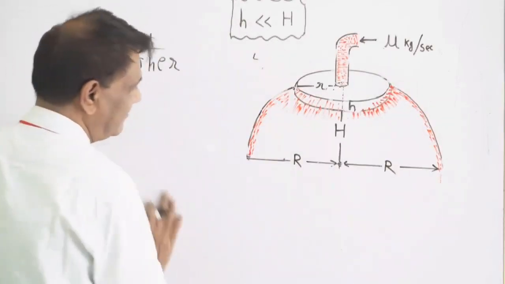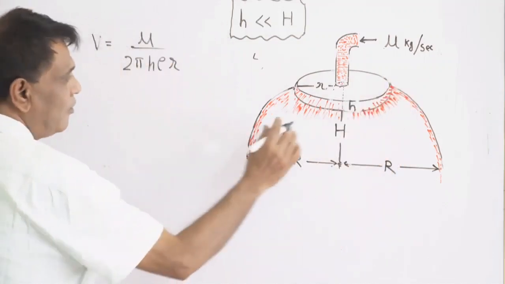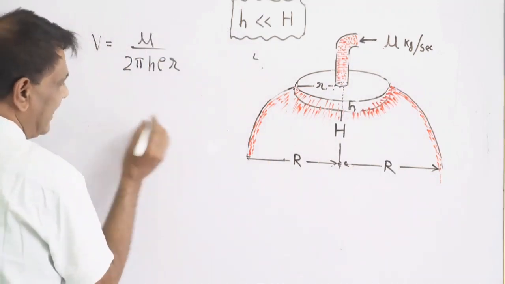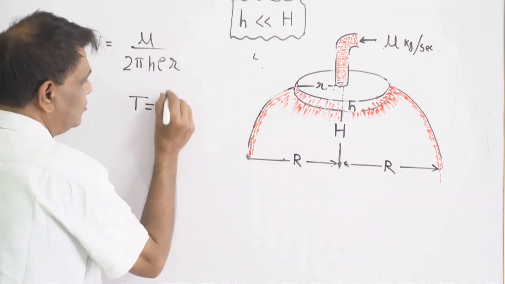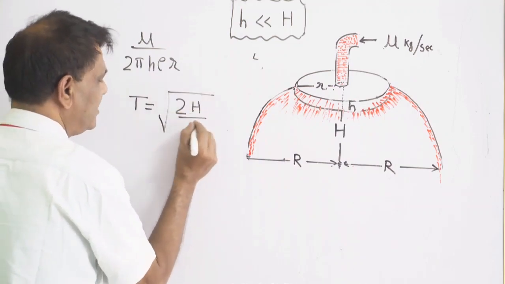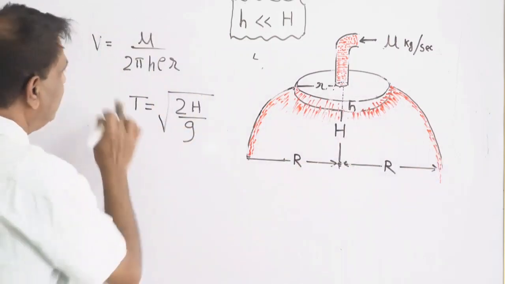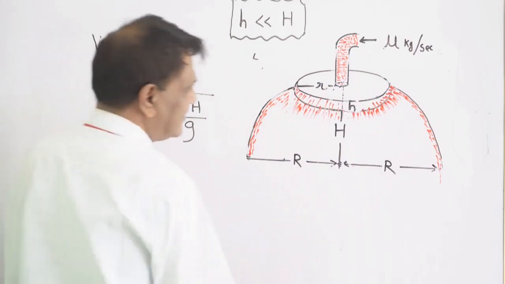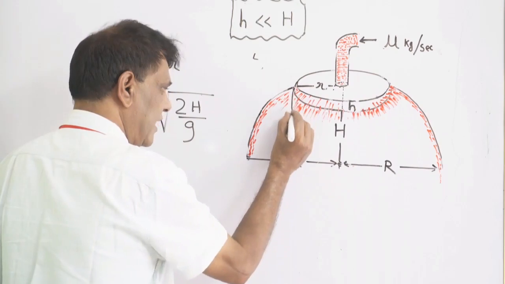Okay, now we know at a height H, the time of flight of any water coming out from here, height is given. The time of flight is naturally, every student knows, root of 2H by g in projectile. Multiplying with the horizontal velocity of water, we'll get this range. Suppose water is coming out, this distance we get.